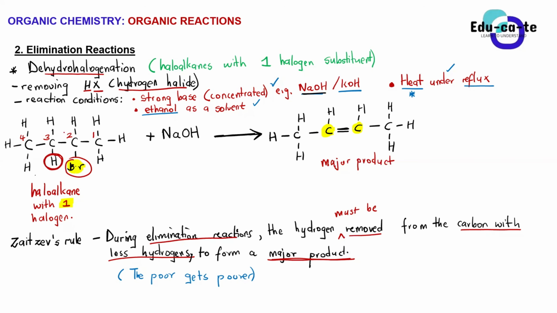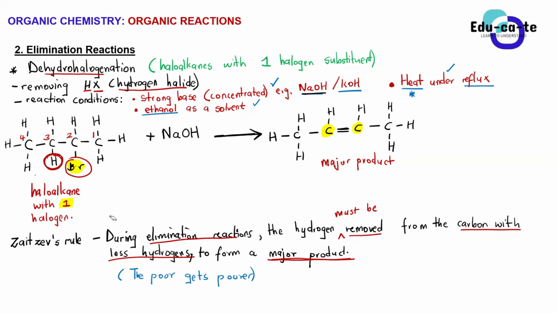We have chosen to remove the hydrogen from a carbon that already has fewer hydrogens, rather than removing it from carbon 1, which has a whole 3 hydrogens, or carbon 4, which has 3 hydrogens as well. So we chose to remove the hydrogen from the carbon with fewer hydrogens, which is carbon number 3. Do you guys see how the major product works in elimination reactions? Do you understand, guys? Yes, sir.